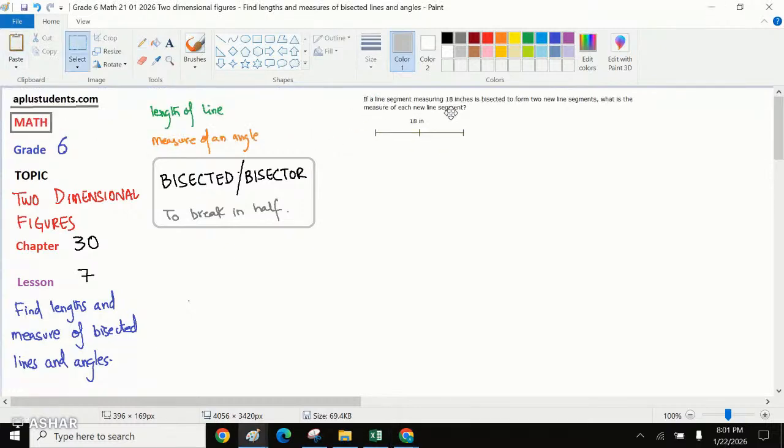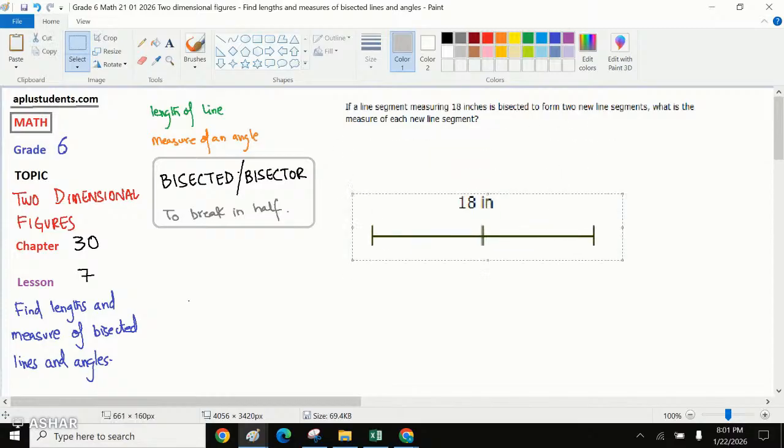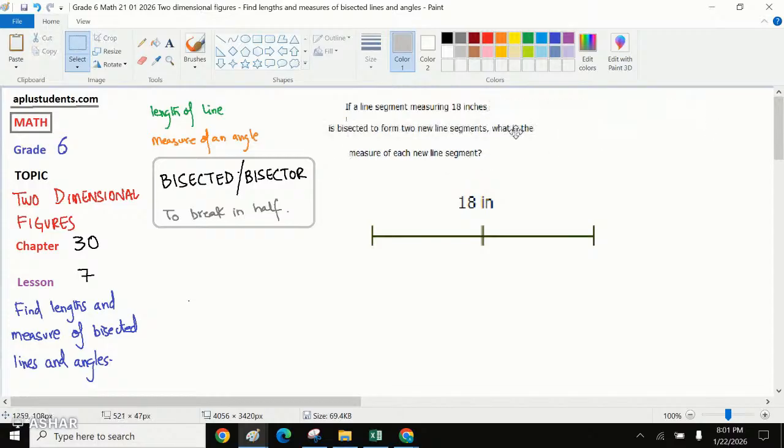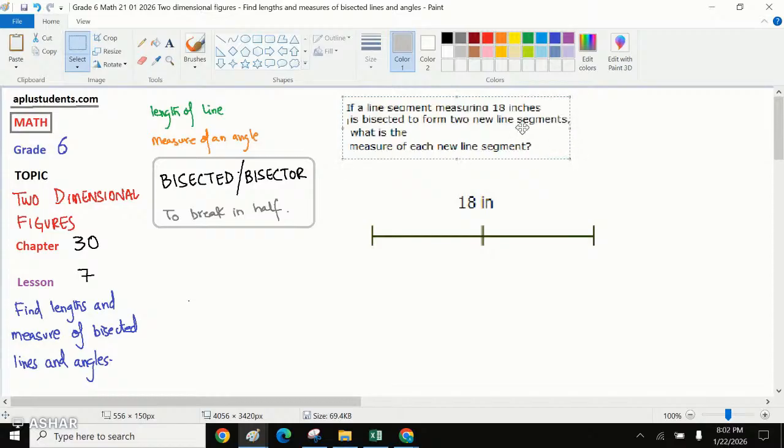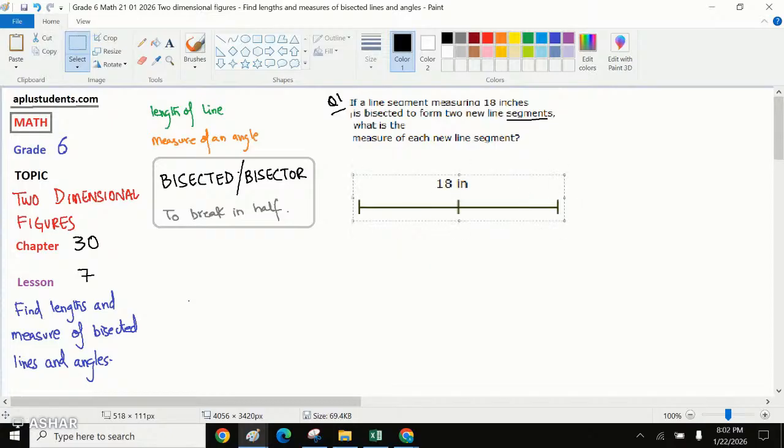The first question that we have here is this statement: in a line segment measuring 18 inches, if we have a line segment, meaning part of a line, we need to find the measure of each line segment.